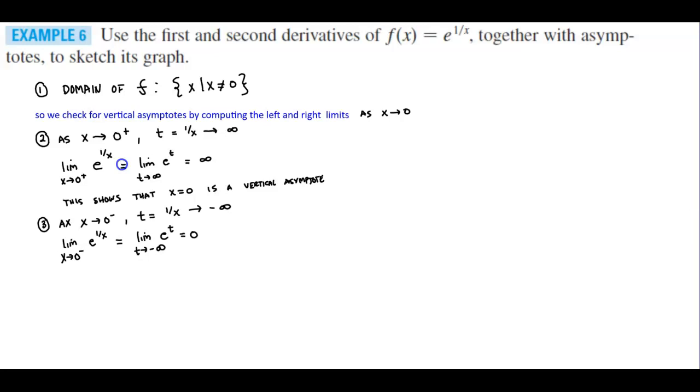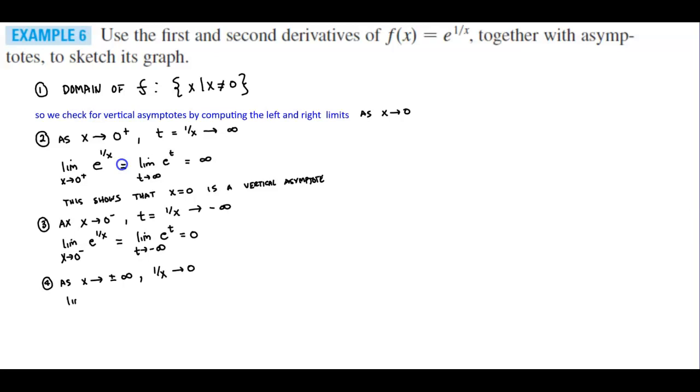And we can also say that as x is approaching positive or negative infinity, 1 over x is approaching 0.